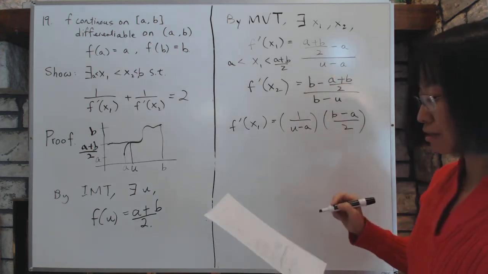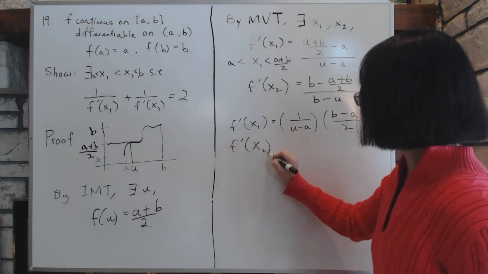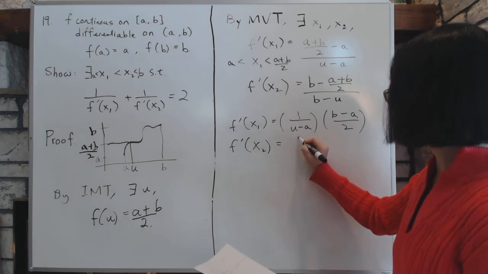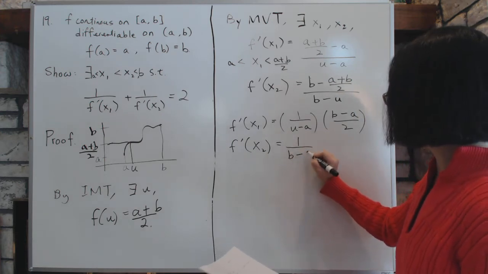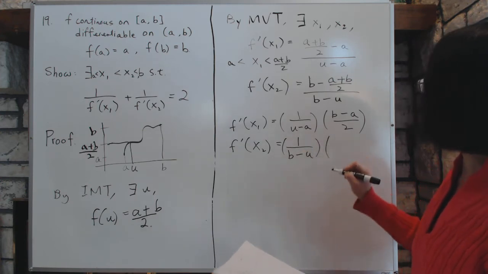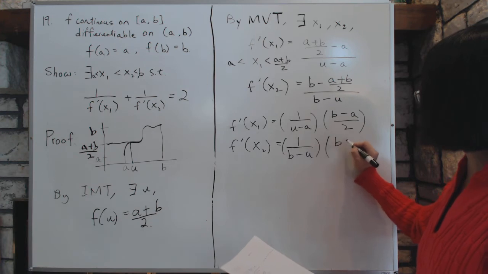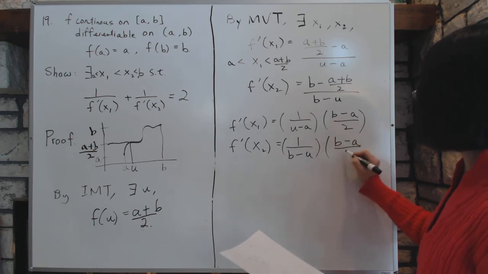And similarly, f prime of x2 equals 1 over b minus u times the same thing. This thing, when it comes out, will become (b minus a) over 2.